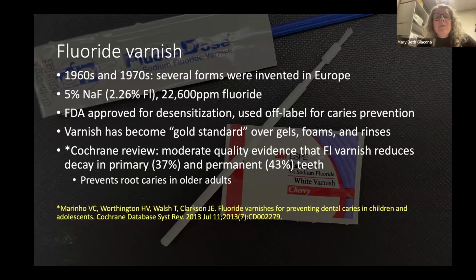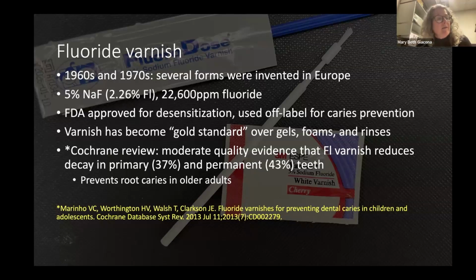That has to do with patient tolerance, but also the fact that fluoride varnish is a resin-based material that actually adheres to enamel, so it stays in contact with enamel longer and is more effective than rinses or foams that have minimal contact.